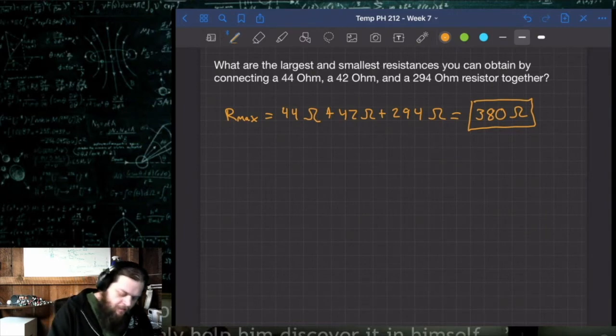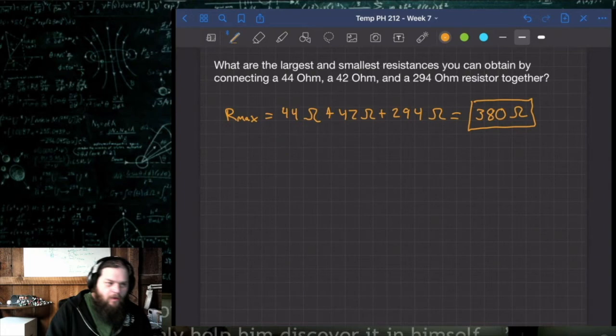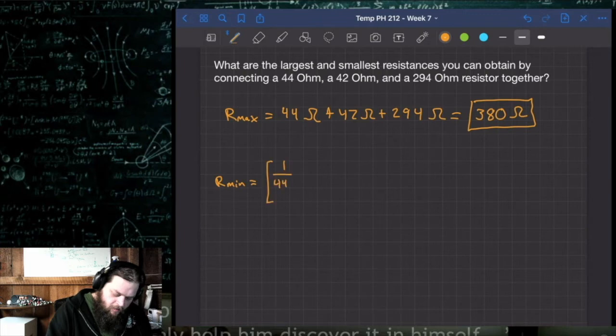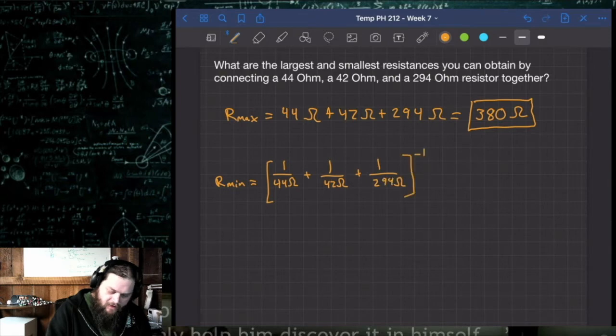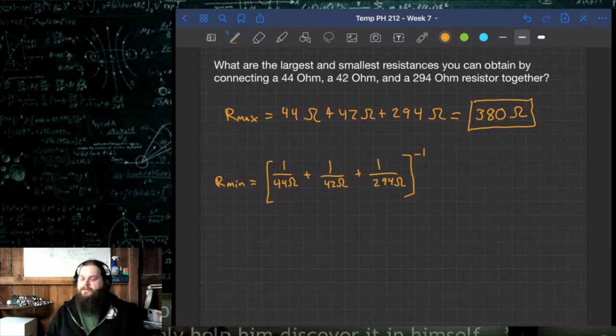To find the minimum, we just have to connect all those resistors in parallel to each other. So instead of adding in series, we add in parallel. Now our minimum is going to equal 1 over 44 ohms plus 1 over 42 ohms plus 1 over 294 ohms, and I'm going to take that whole thing to the -1 power to find the reciprocal of that sum.